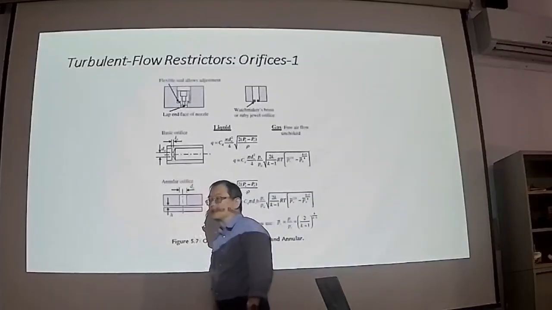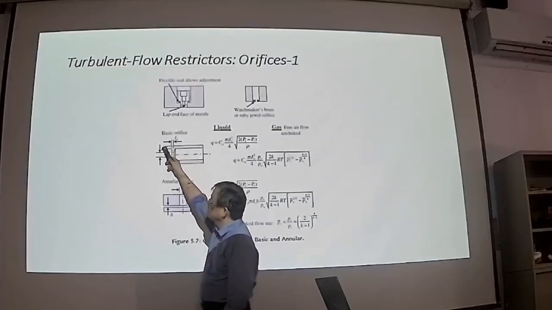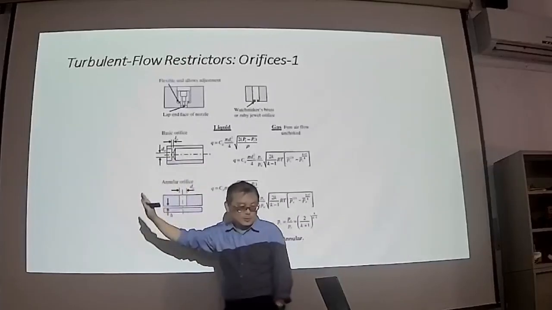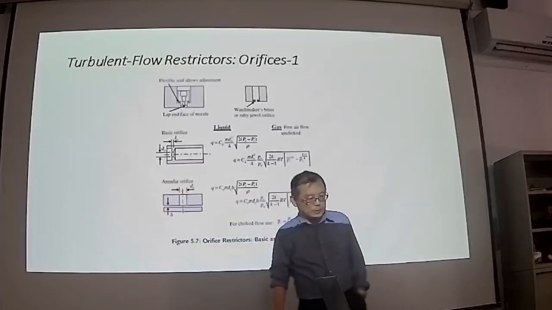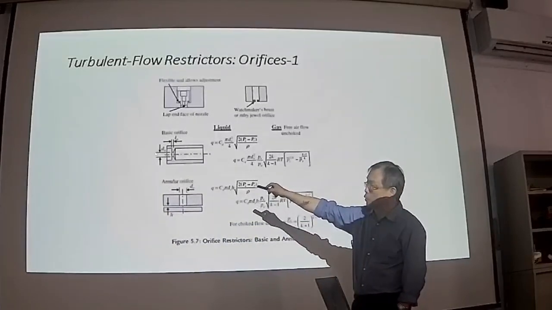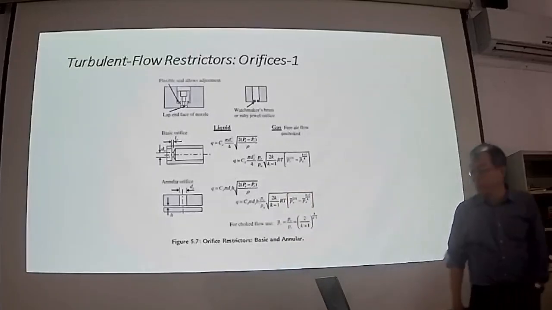So in practical, usually we manufacture this orifice restrictor without drilling the hole. Okay. So in the final step, depending on the requirement, we will decide what diameter this hole should be made.